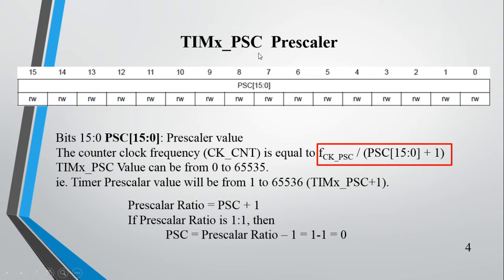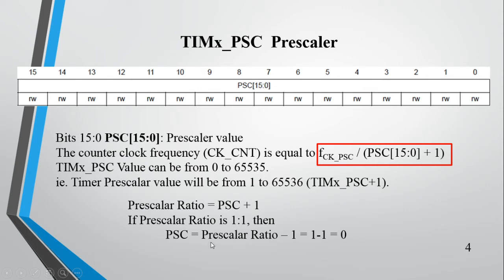Since you are using a timer for generation of the PWM, we need to configure the timer X prescaler. For the time being, I am going to configure the PWM on timer 2 channel 1. Timer 2 prescaler can be configured by PSC, as you have seen in the previous timer video.